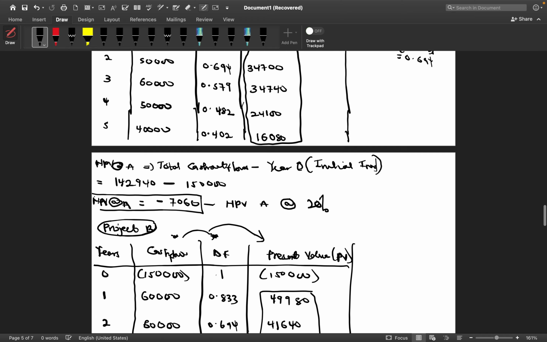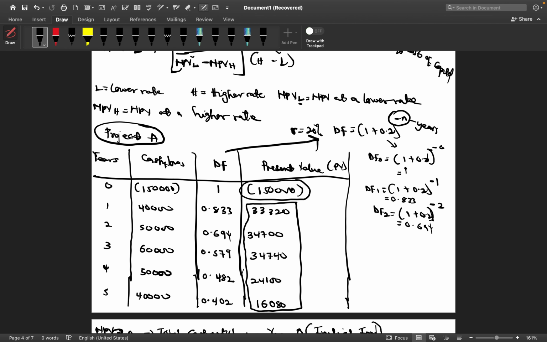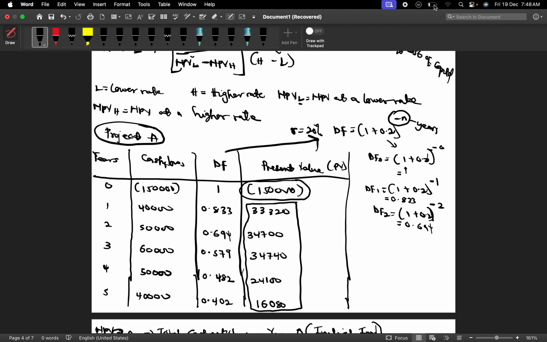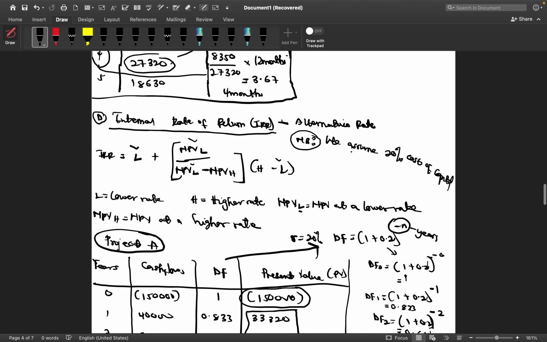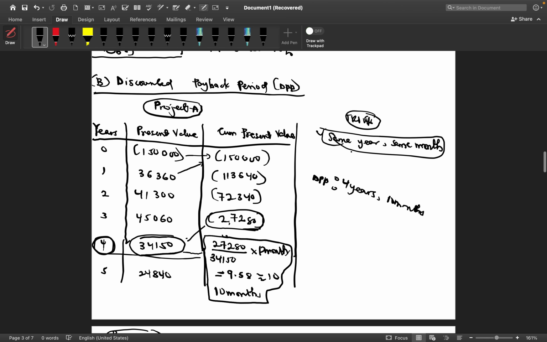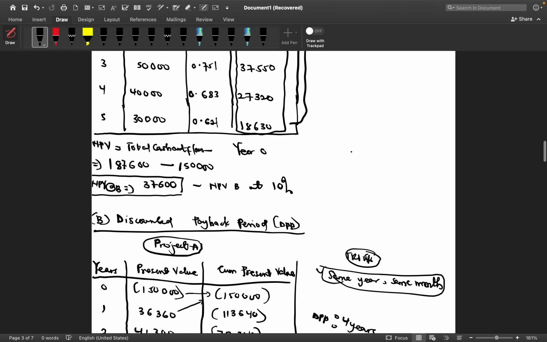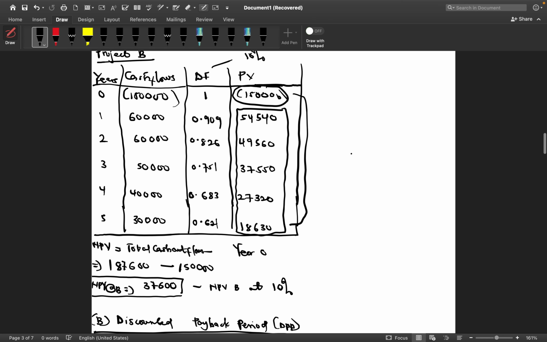Let's come to this side. So NPV at project B, 10%. So this is the amount.